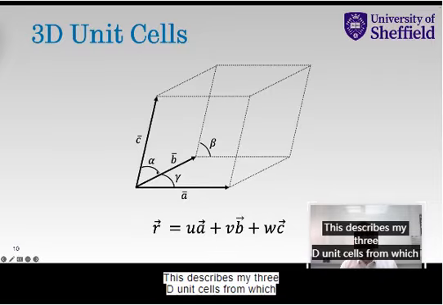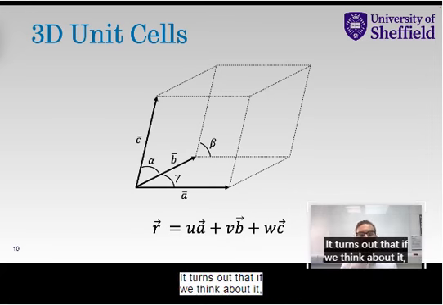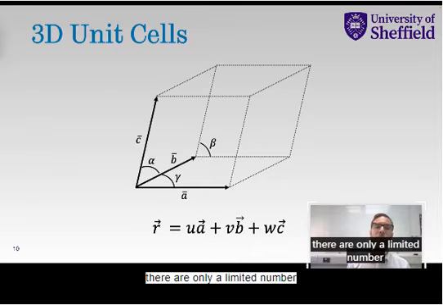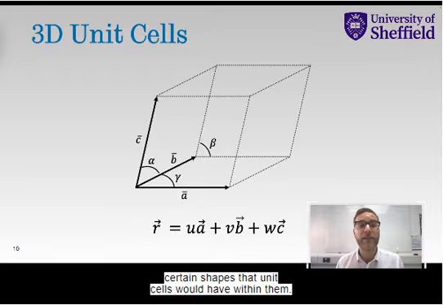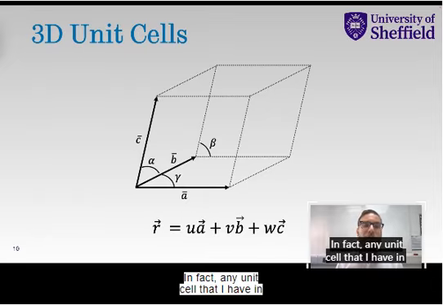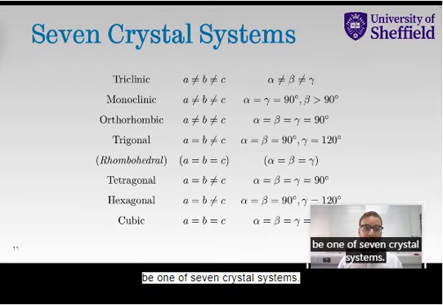So this describes my 3D unit cells from which I could build up some sort of translationally periodic structure. And it turns out that if we think about it, there are only a limited number of ways that I could define unit cells, certain shapes that unit cells would have within them. And in fact, any unit cell that I have in 3 dimensions is going to be one of 7 crystal systems.